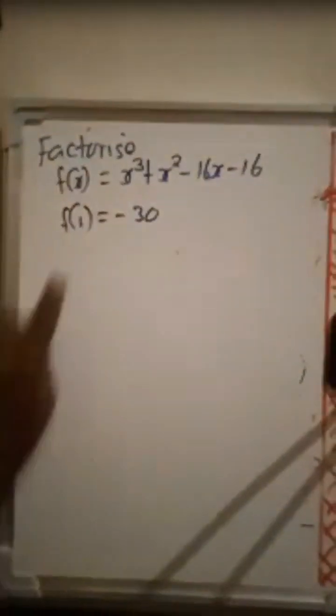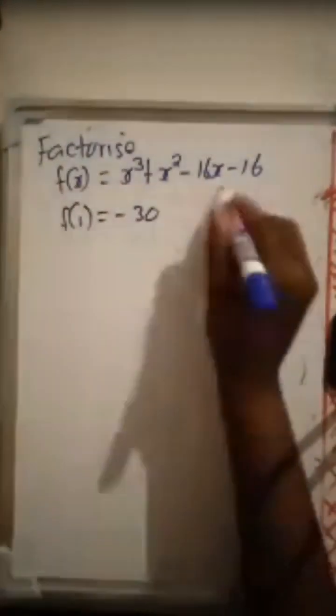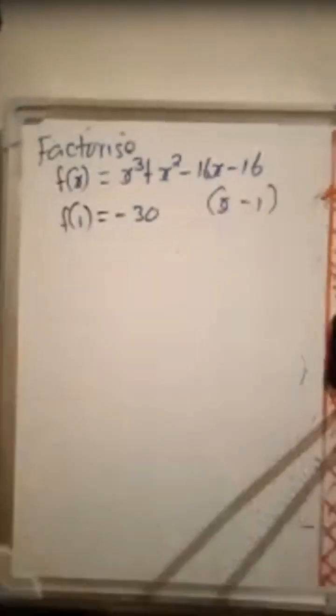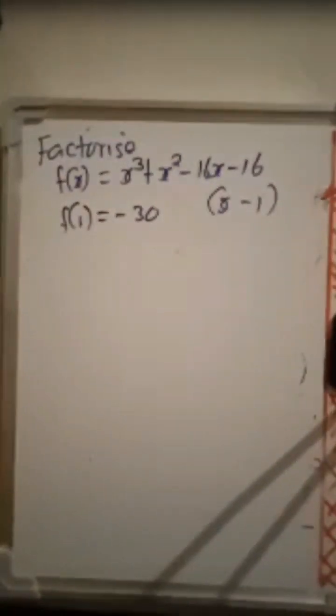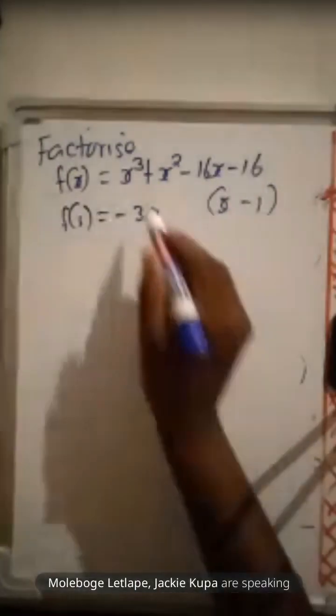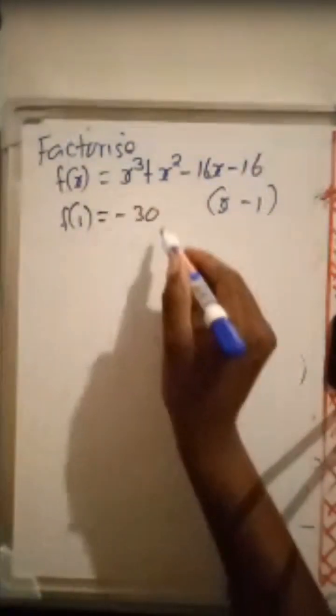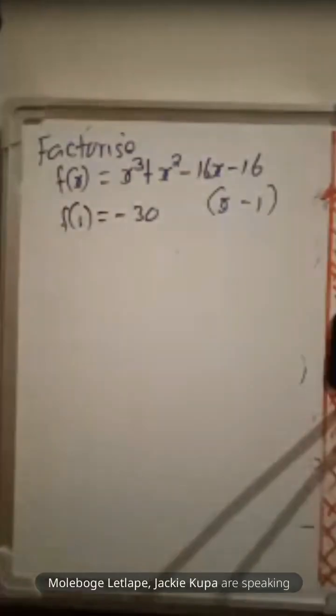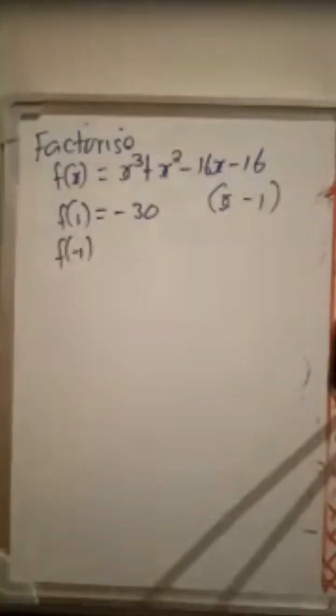Guys, is x minus 1 a factor or not? Let me hear from you. It's not. Otherwise, it was supposed to give us 0. So we have to try the other one, which is f of negative 1. That one will be simple. Just take your calculator and put negative in front of 1.